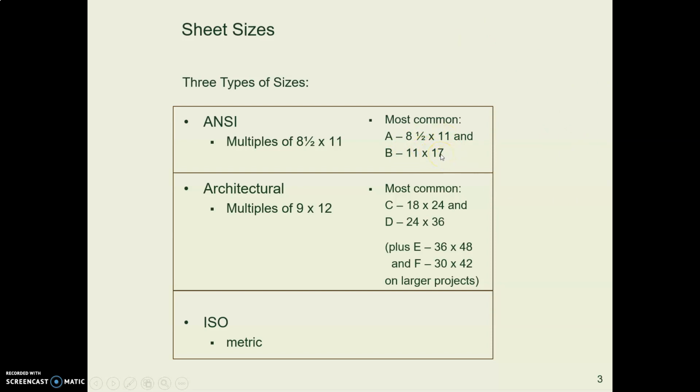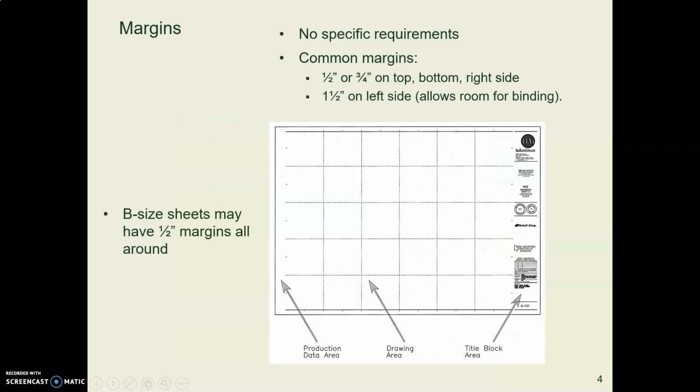So in many architectural offices you will see A, B, C, and D that are multiples of these sizes. There's no standard about how big the margin has to be around the title block, although it's common to allow an extra bit of white space on the left because we often like to bind drawing sets together with staples.